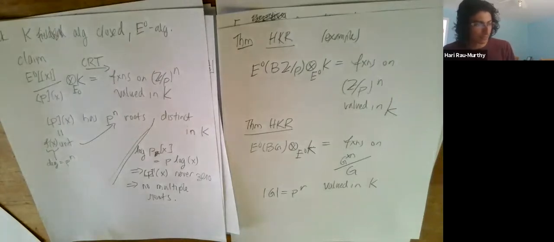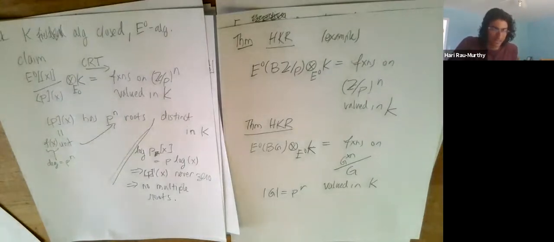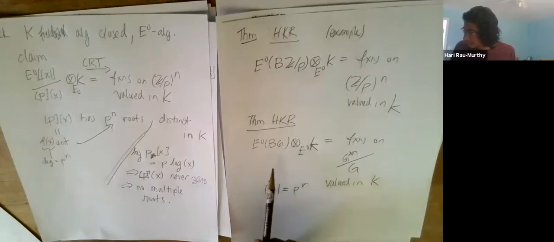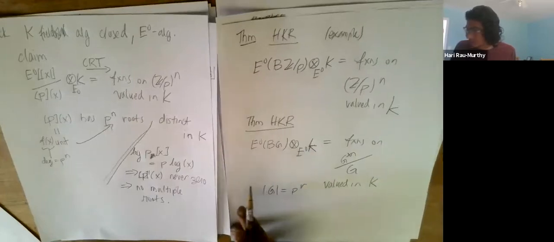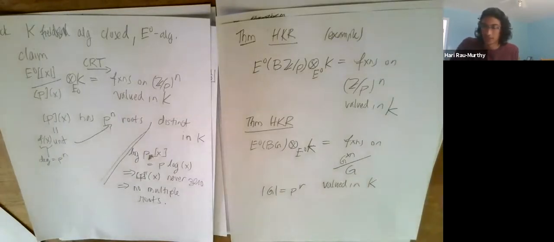And one nice thing that I stumbled upon was that there is a character map that goes from Tate K theory to the Z mod P equivariant version of Tate K theory to two characters, but Tate K theory is a height 1 cohomology theory.